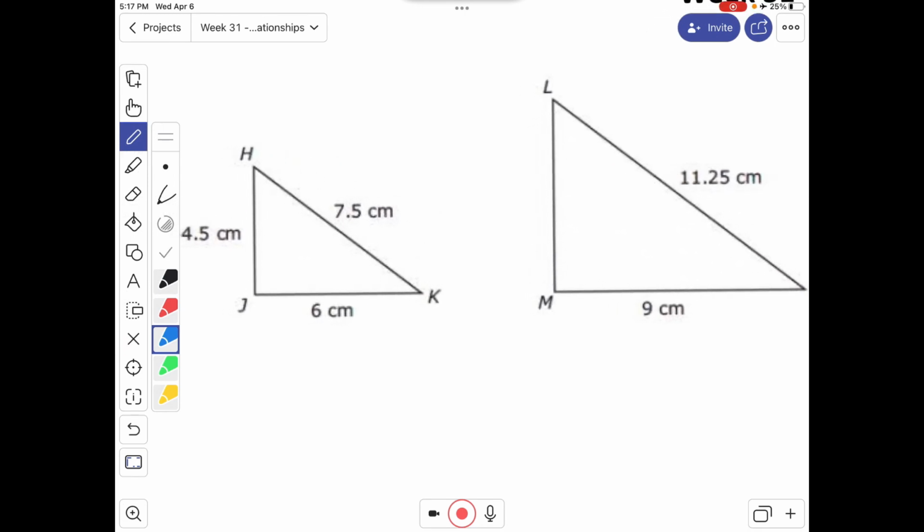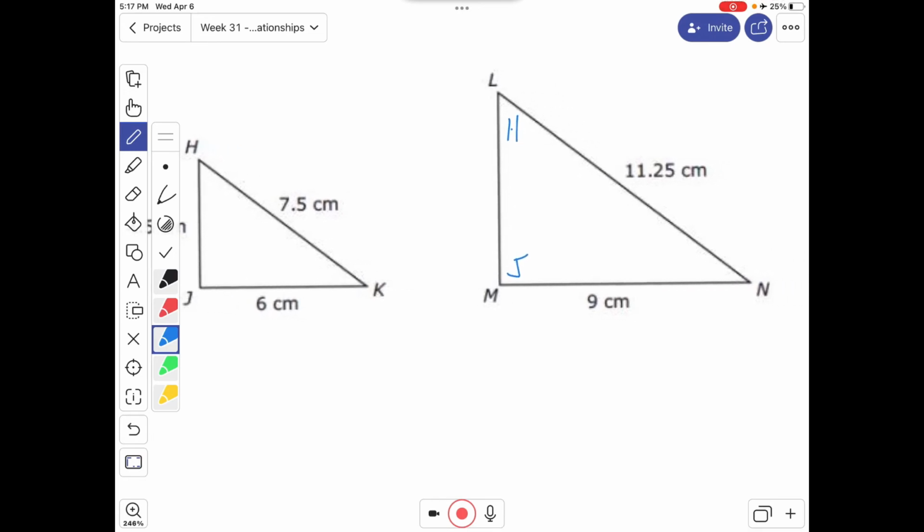And according to what they said in the problem, H matches with L, and J matches with M, and K matches with N. So that means 7.5 goes with this measurement, and 6 goes with this measurement, and 4.5 goes with this one.